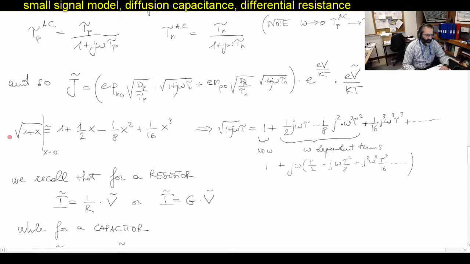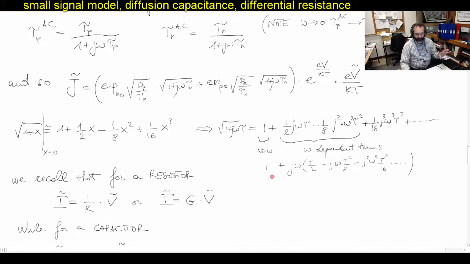And so when we do the Taylor expansion of this quantity, it looks like that, the first few terms. So the Taylor expansion of this would become this one here. What we need to note is that there is one term that has no omega dependence, and all the other terms do have an omega dependence. And in our mind, we start separating these two.